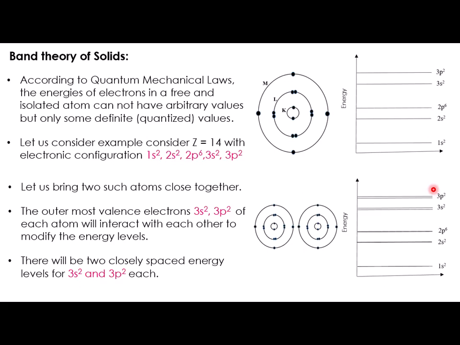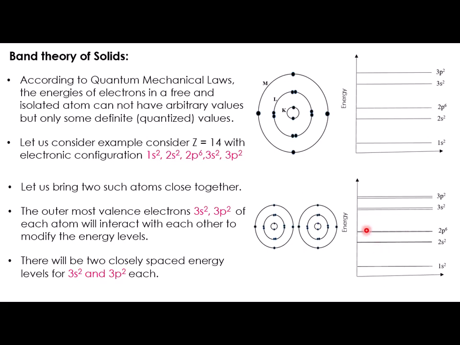Instead of being very distinct, the energy levels have been modified and are displaced a little bit. Whereas the energy levels of the inner electrons have not been modified to a large extent. There is some modification, but it is very small, and you cannot observe it.